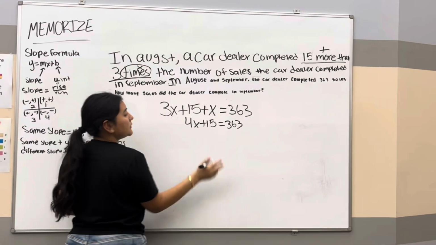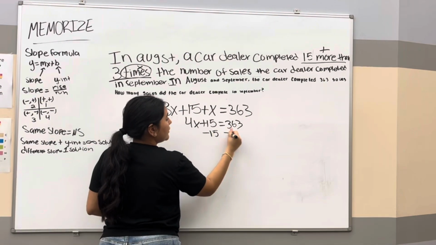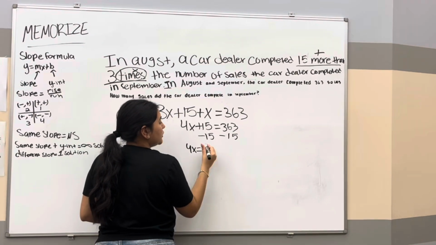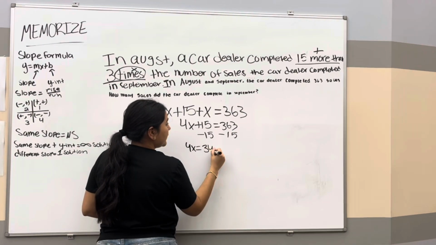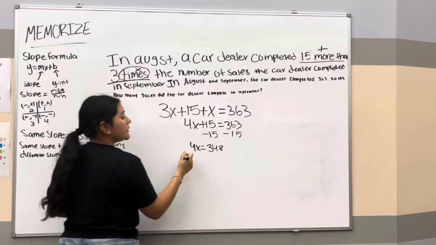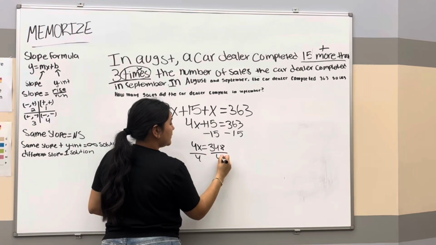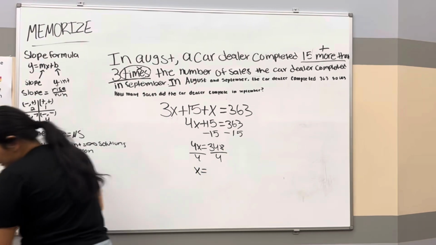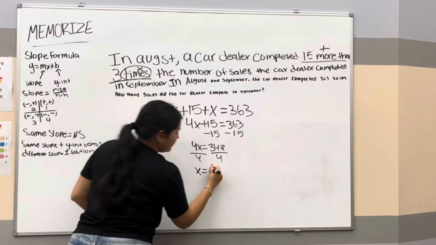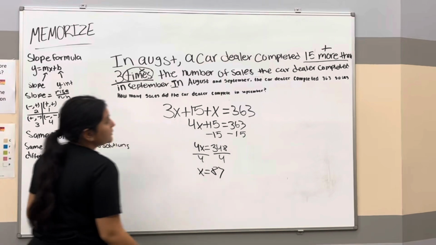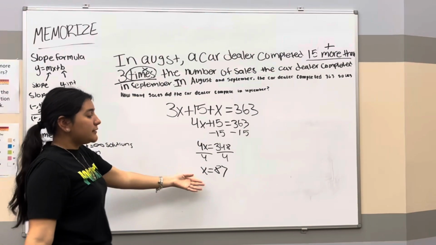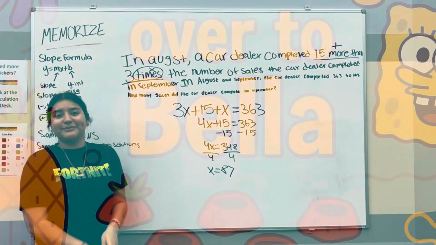We want to get the x alone, so subtract 15. 4x equals 348. Then we're going to divide by 4 on both sides. x equals 87. And so the car dealer completed 87 sales in September.